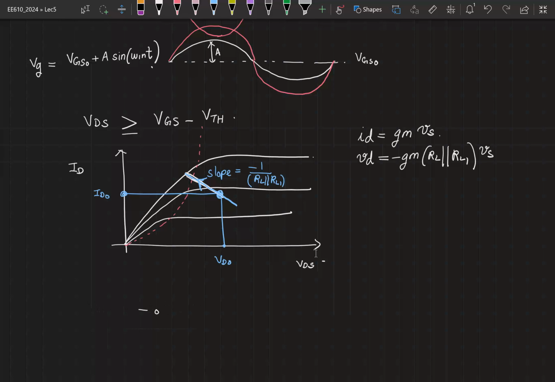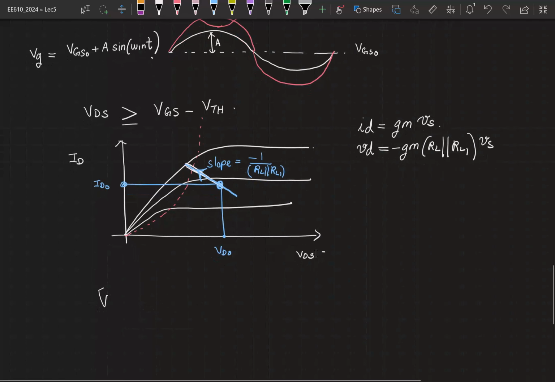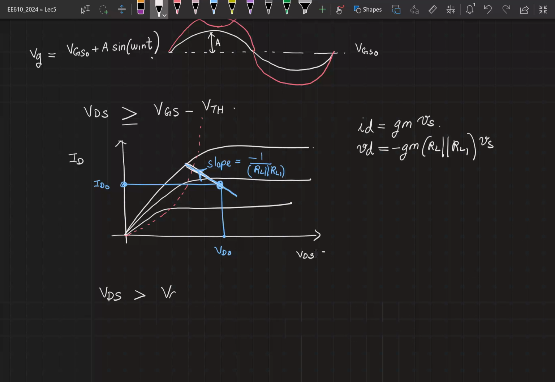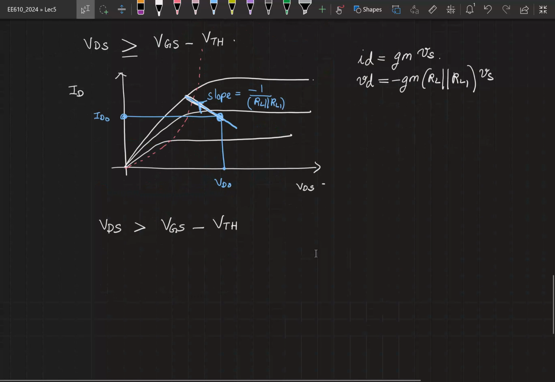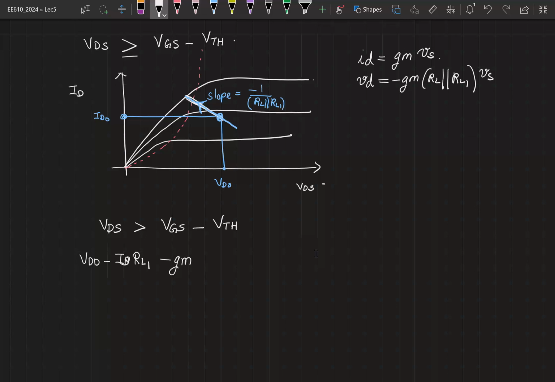So all that I am trying to do right now is take this equation, VDS greater than VGS minus VTH, and I want to put in the total VDS, total VGS, and see where this relationship is leading us. Okay, so what is the total VDS? VDD minus ID into RL1 minus GM RL1 parallel RL into Vs, right?